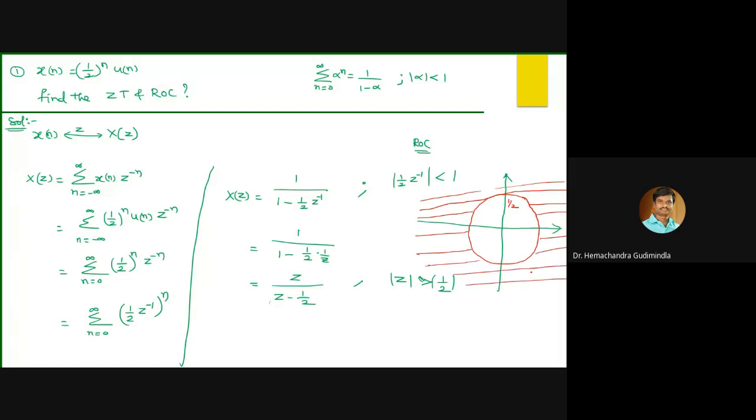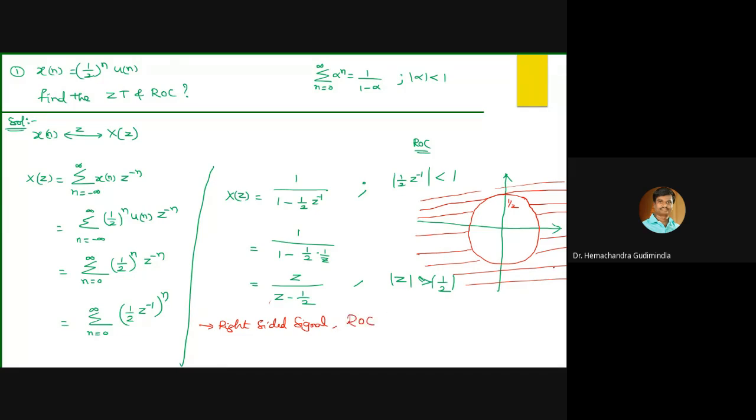Now you see here, what is u of n? U of n is a right-sided signal. What is the ROC in the z plane?